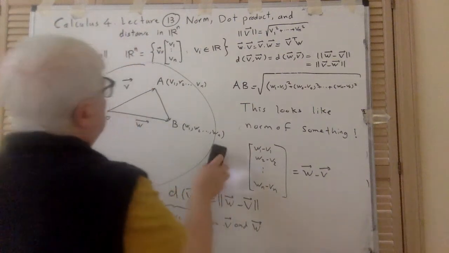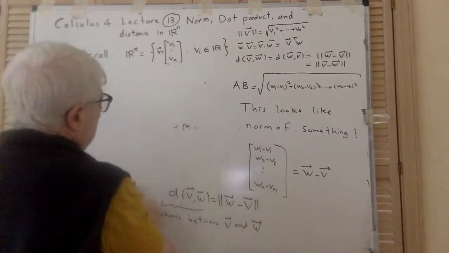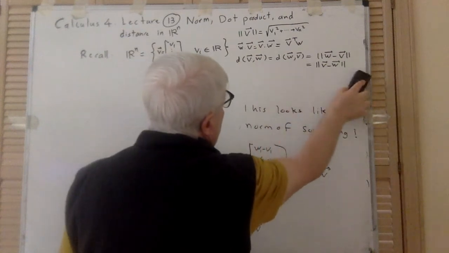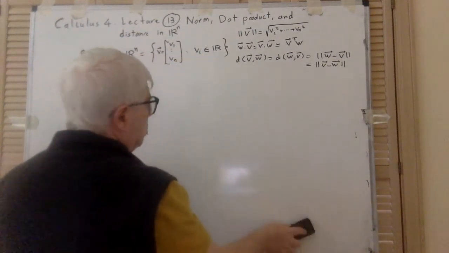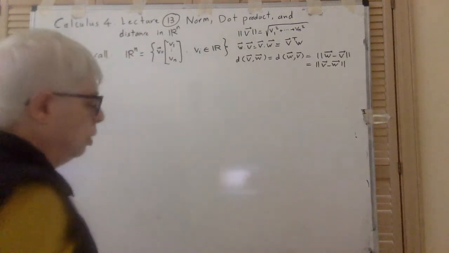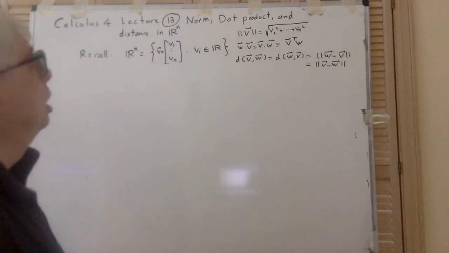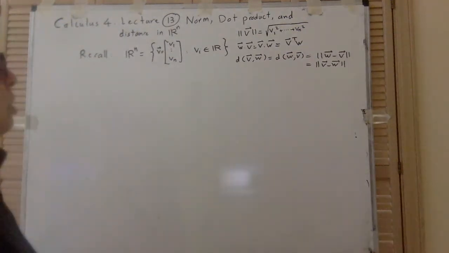So let me erase this and give you some properties of these three. One thing I should have said before starting: we already have Rn, so we have defined Rn.